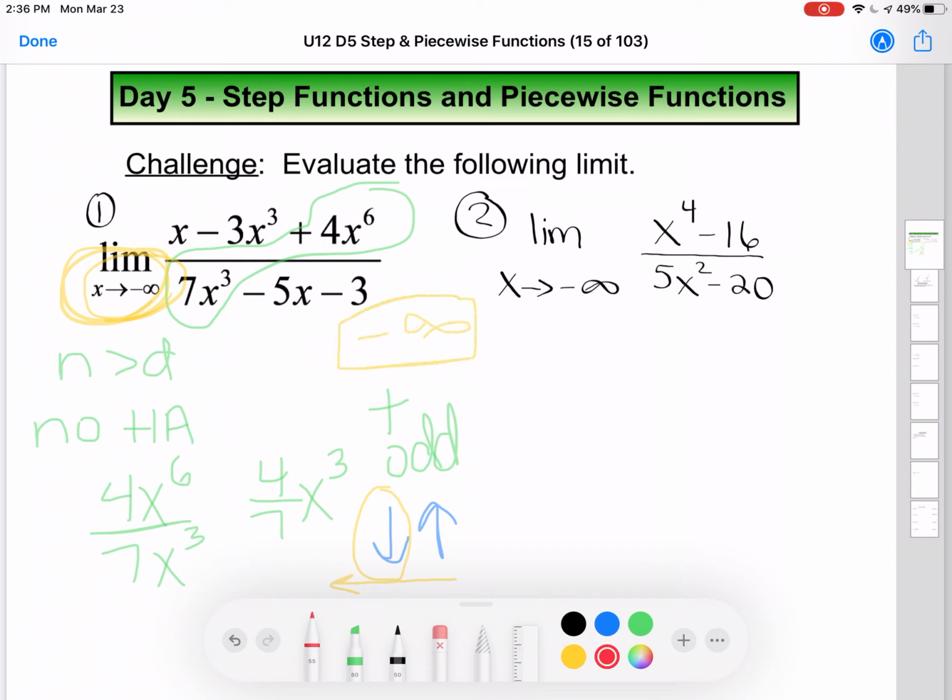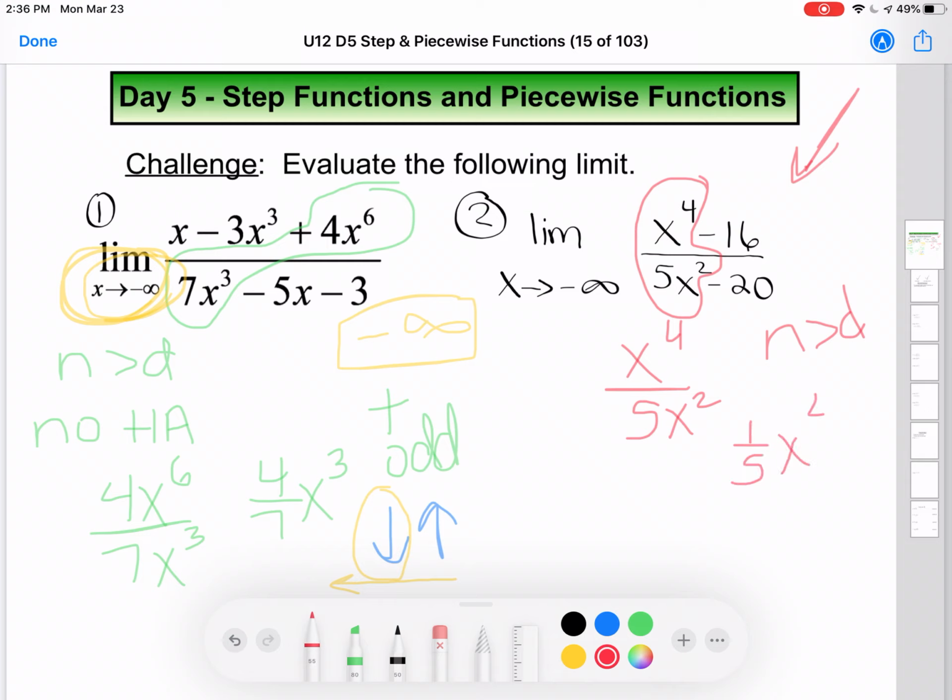Let's do the same thing over here. Limit to infinity again with a rational function, right? We can see this fraction. So we're going to compare the highest exponent in the numerator with the highest exponent in the denominator. This is another example of n is greater than d. So we'll simplify. We get 1/5 x squared, which is positive even, which is up.